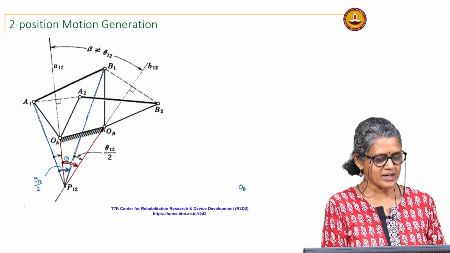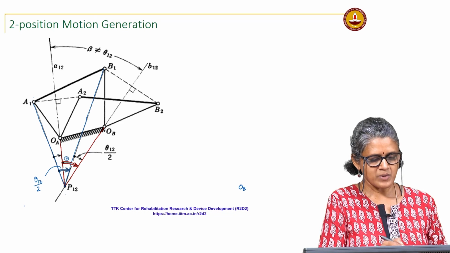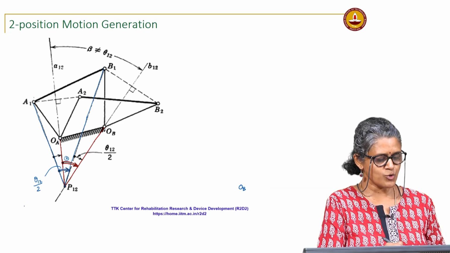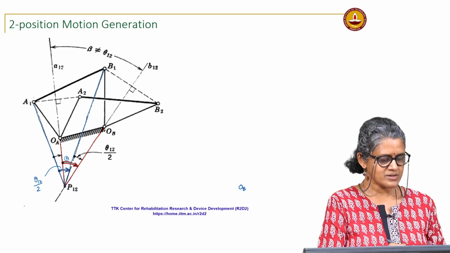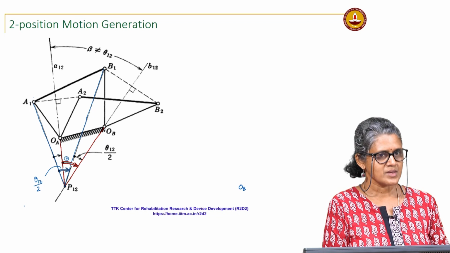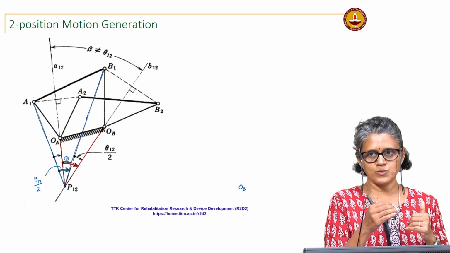This part of the angle OA P12 B1 is common to both, right. So this angle is theta 1 2 by 2 plus this x, which is equal to this plus this. So the two angles are equal.